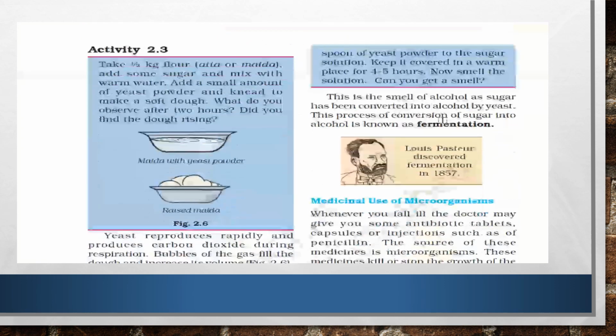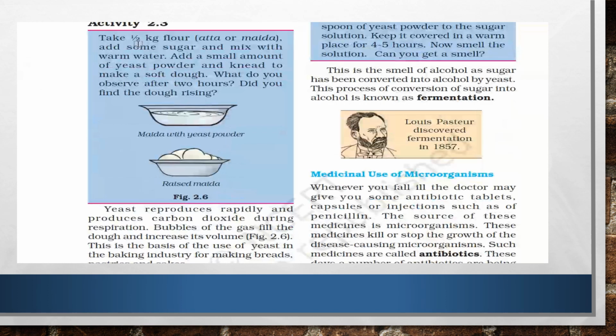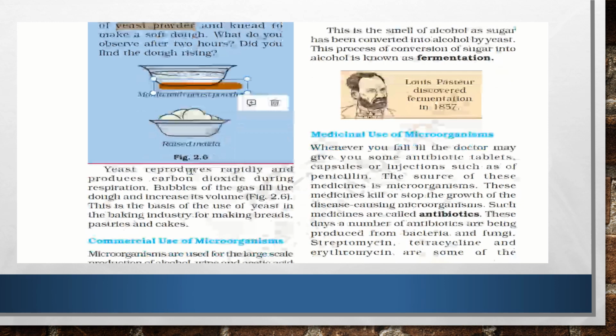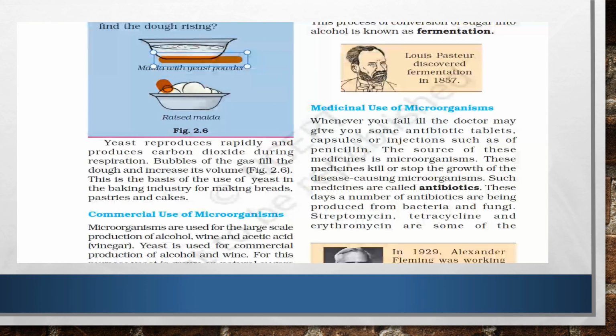Is it clear? Now here are several activities, like taking half a kg of flour, atta or maida, adding some sugar and mixing it with warm water. Add some amount of yeast powder. These are the agents which increase the fermentation process. After the dough is made with yeast powder and covered for 2 hours, we can see that the dough has swollen up.